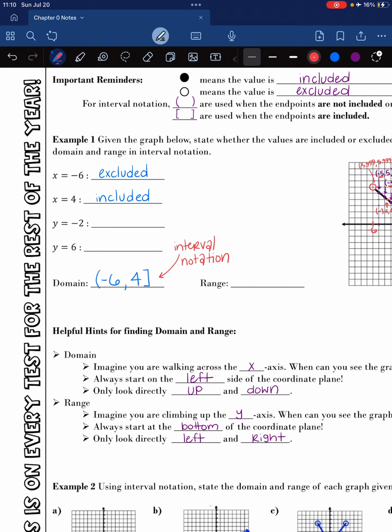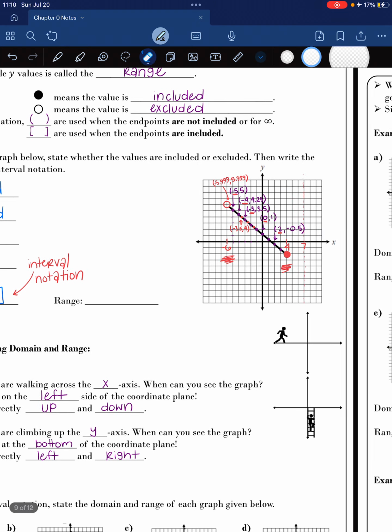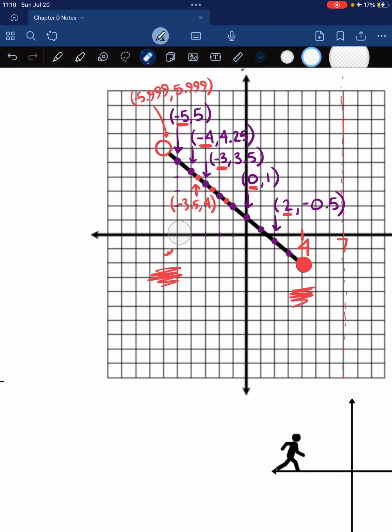So again, because it says domain, I know I'm talking about the x's, and this interval tells me I could pick anything on my graph from -6 out to +4, and there will be a point that has an x value between those two numbers. Okay, I'm going to go ahead and erase most of this work because it's the same idea for range.